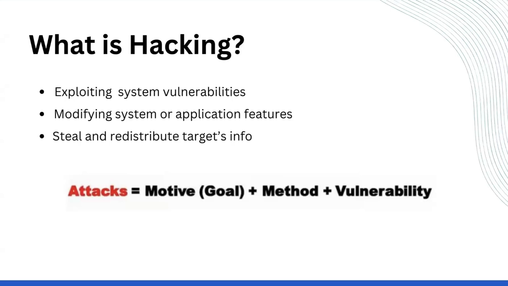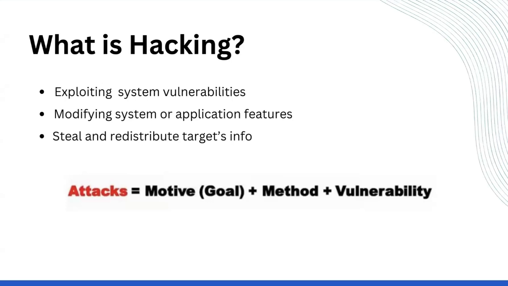Phishing, yeah. So, a phishing attack. What is the motive of this attack? To get personally identifiable information. Good. And what is the method? How to do it? Email. Perfect.